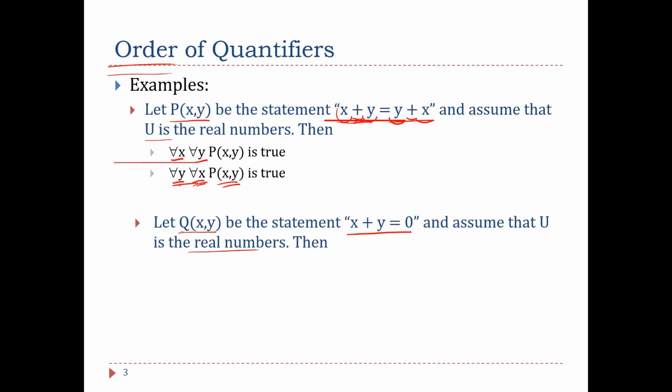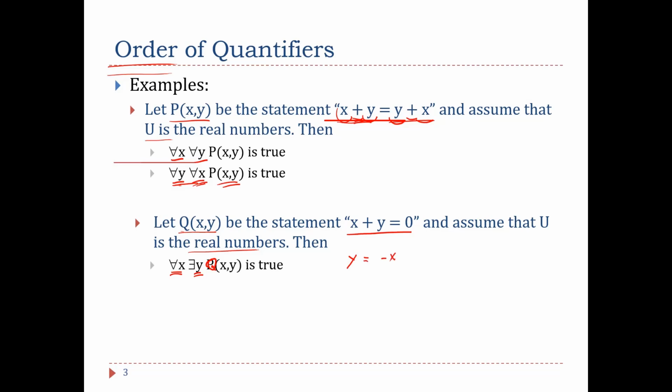So what about this expression? For every x, we can find a y such that, I'm sorry, I have to change this into Q, such that Q of x and y is true. Well, actually, I think this holds because the additive inverse always exists. So that's why we can pinpoint that y is equal to minus x.